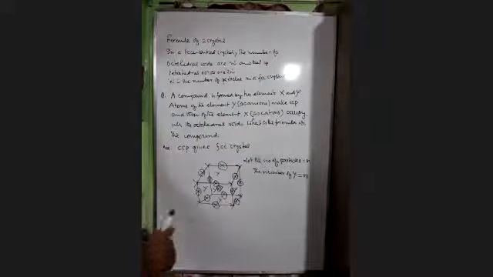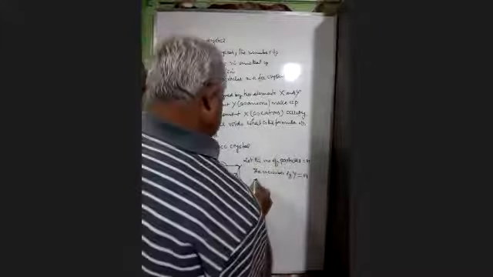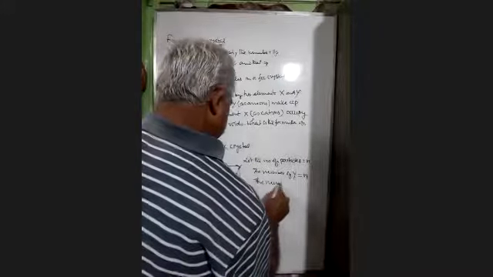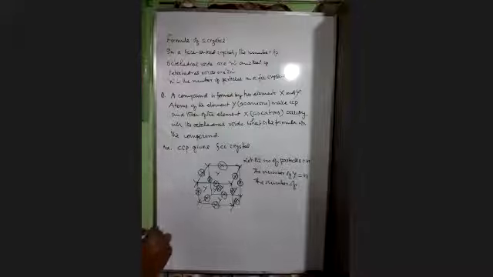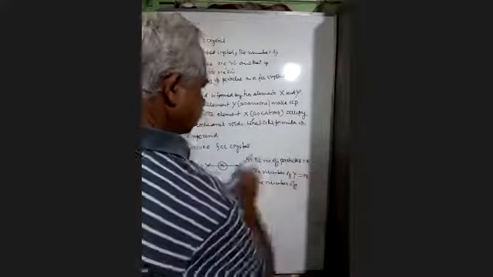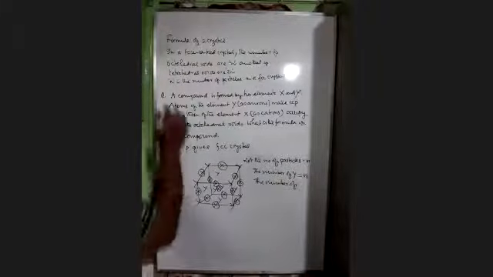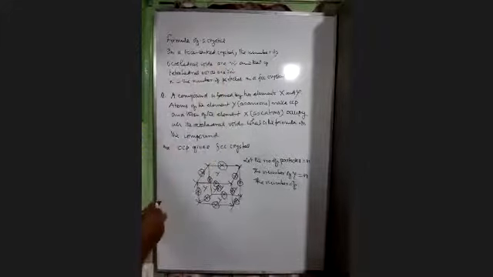See what does it say? Atoms of the element Y make CCP. Then what should I write now? Now see here. What is the number of particles we have here? N is the number of particles present.